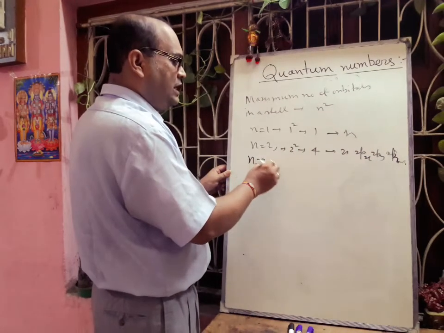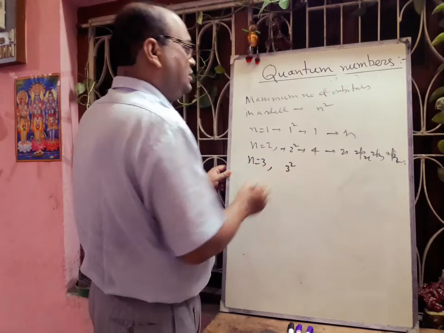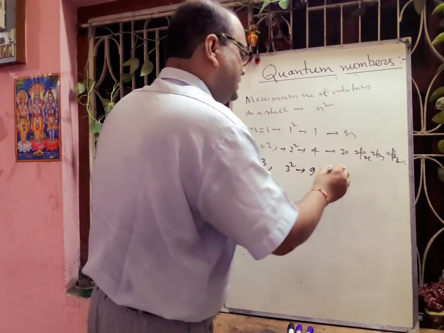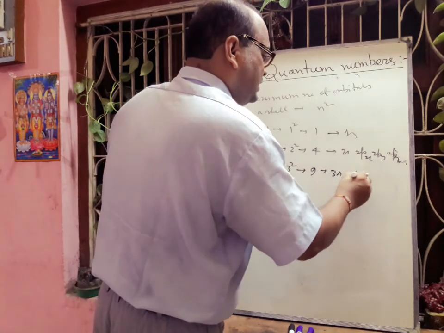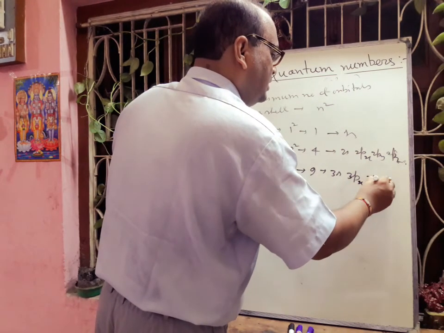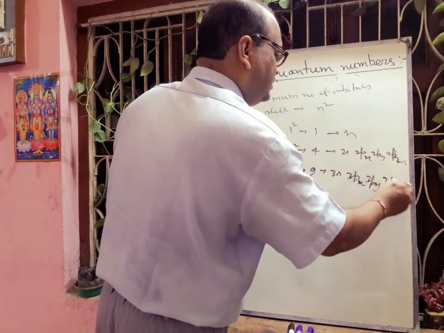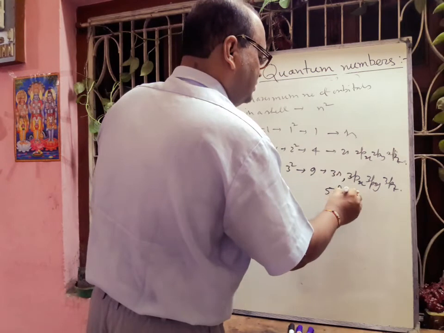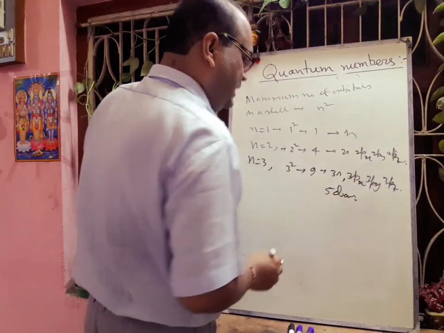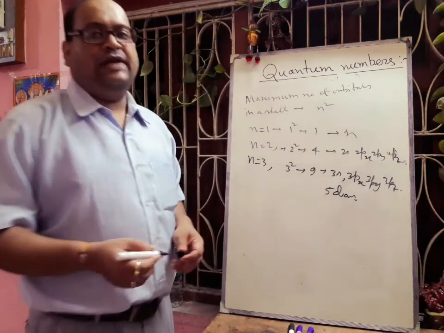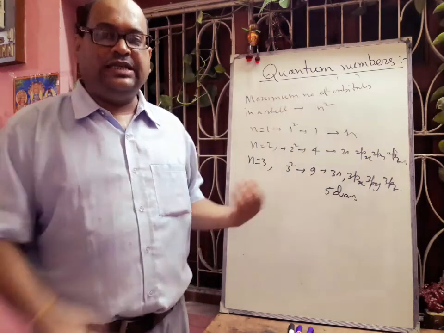Whenever we put n = 3, that means 3 square, total number of orbitals will be 9. That means 3s, 3px, 3py, 3pz, and there will be 5 d orbitals. So 5 plus 3, 8 plus 1, that means 9 orbitals. So in this way we can easily calculate.